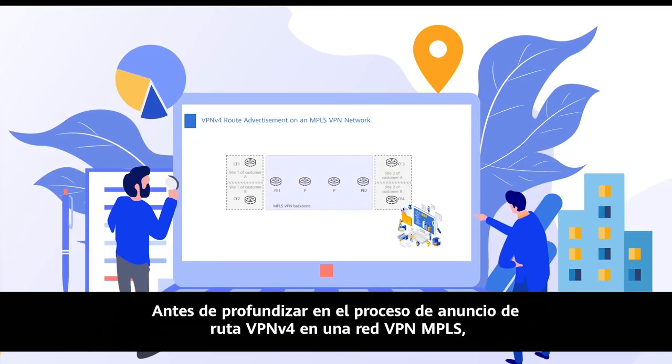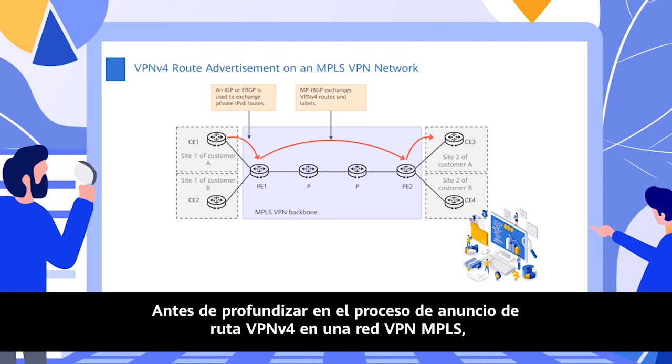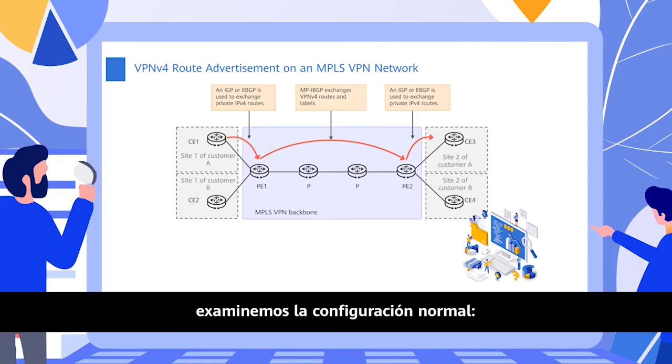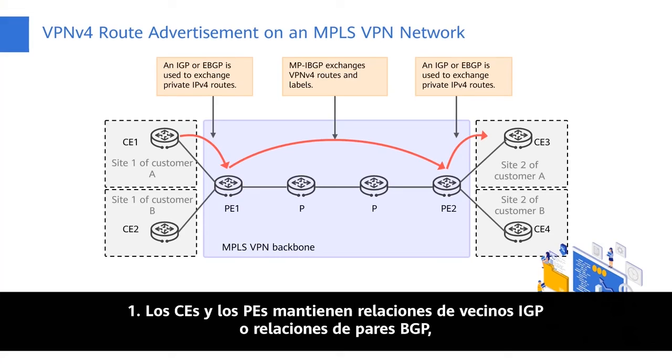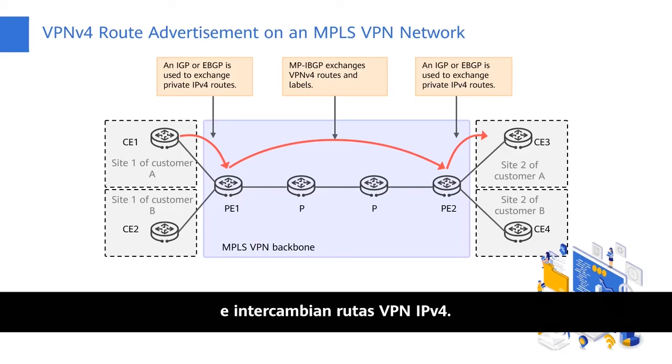Before delving into the process of VPN v4 route advertisement on an MPLS VPN network, let's examine the regular configuration. 1. CEs and PEs maintain IGP neighbor relationships or BGP peer relationships and exchange VPN IPv4 routes.